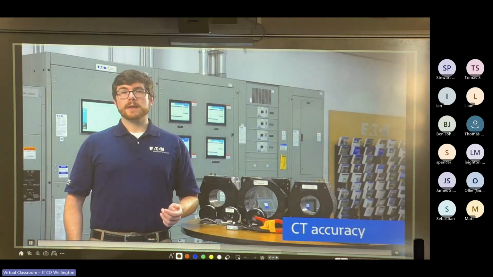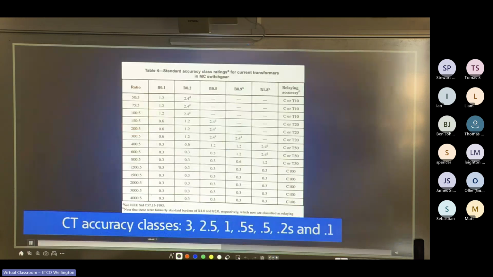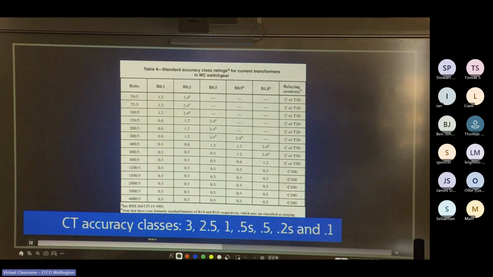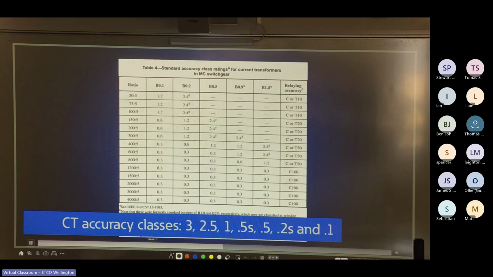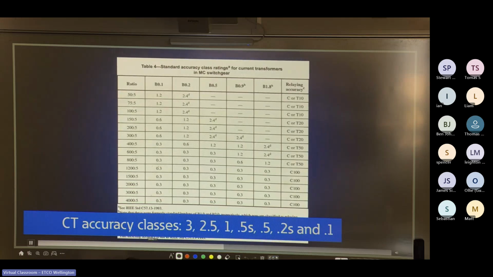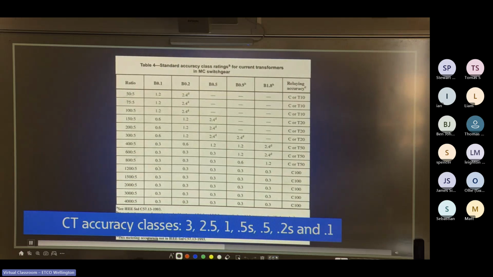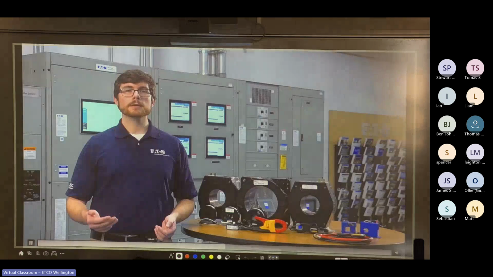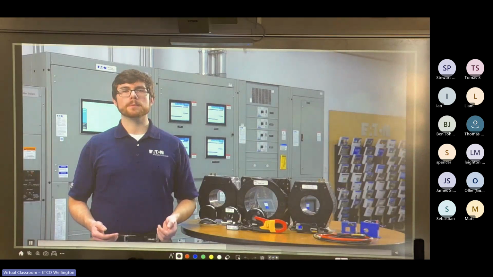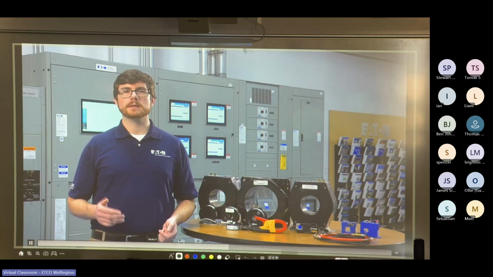CTs come in a variety of accuracy classes. For example, the ratio of primary to secondary current error of a class 1 CT is 1% of rated current. A 0.5 rated CT is 0.5% or less. The accuracy of these devices is very important for protective relaying and metering. They have specific requirements for overload currents in excess of the normal rating to ensure accurate performance of the relays during system faults.